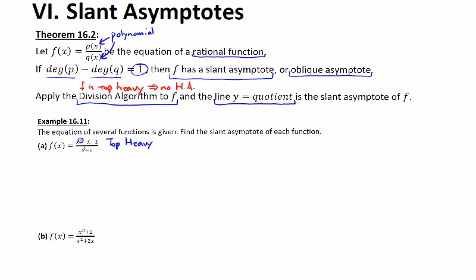The degree of the denominator is exactly 1. So this fits the condition that the degree of the top is exactly 1 higher than the degree of the bottom. So I'm going to perform the division process with this. And since it's a rational function, it's already set up to where I have a dividend and a divisor. I don't have to go searching for those things.